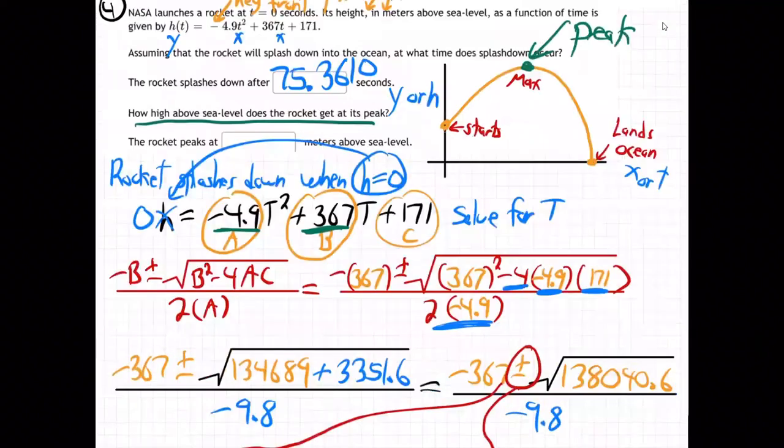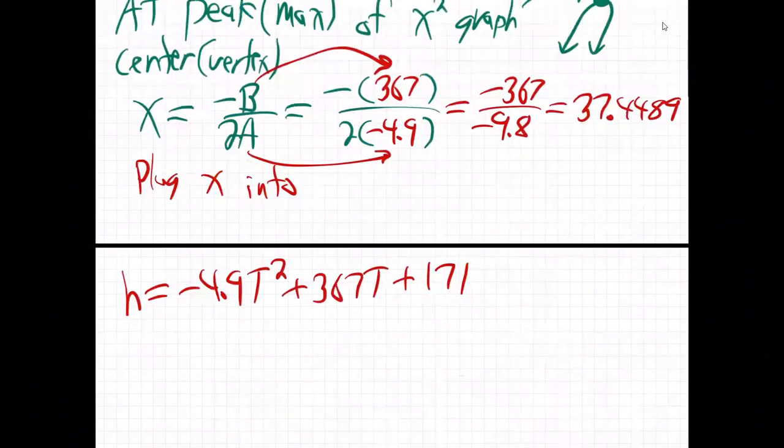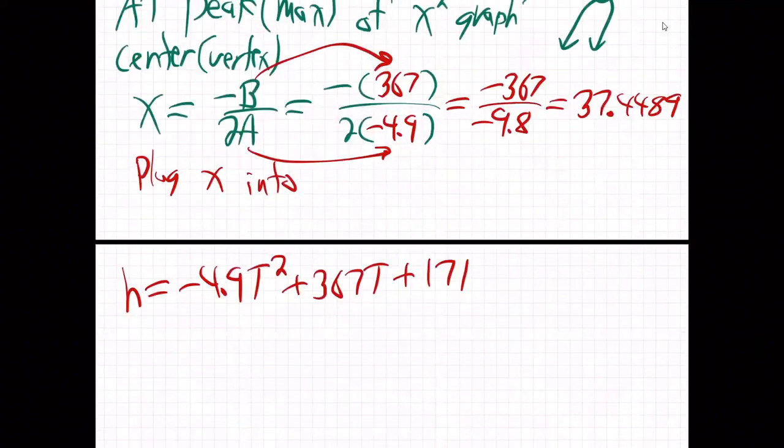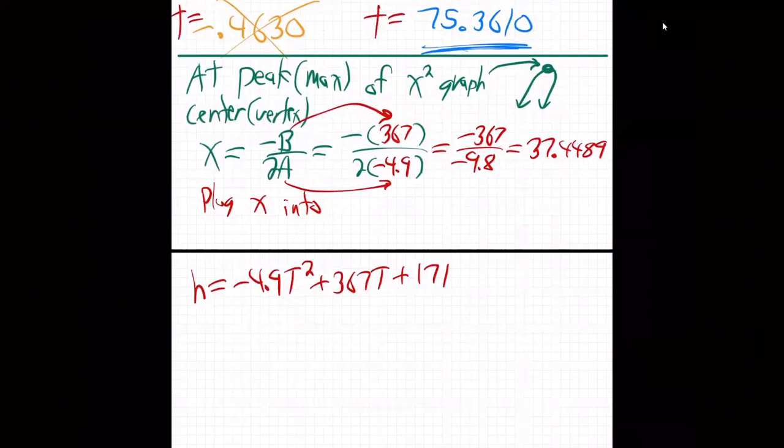Did I get that right? Plus 367t plus 171. Right, so plug that in. So take that value and plug that in. It's actually t, really. Plug it in right there for t and right there because x is really t, it's time.